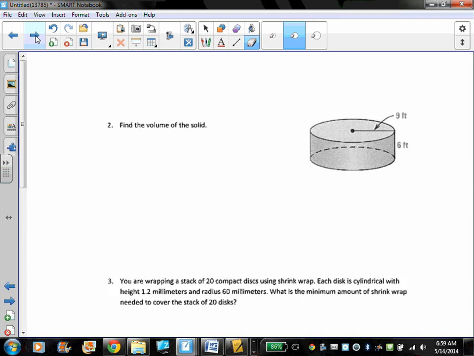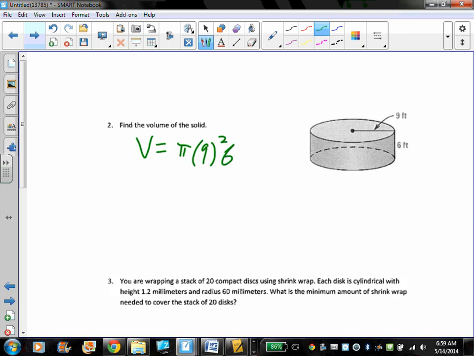Here, we are asked to find the volume of this solid. So we have the radius, we have the height. Our volume formula, remember, is pi r squared times h. So here, we're going to have pi times 9 squared times 6, which is our height.